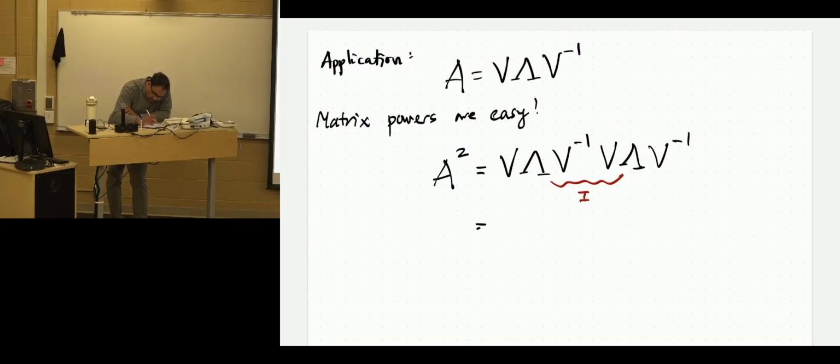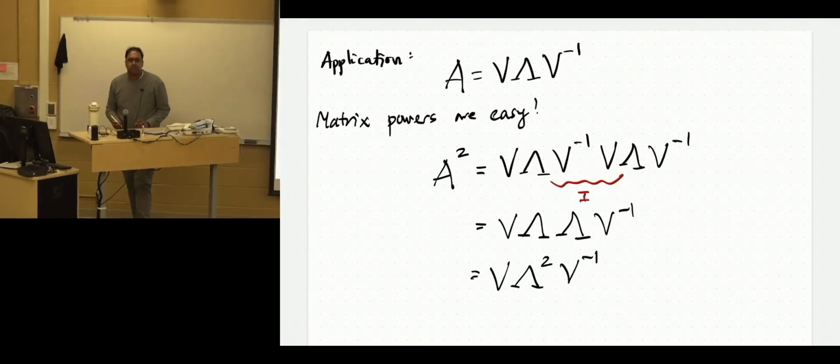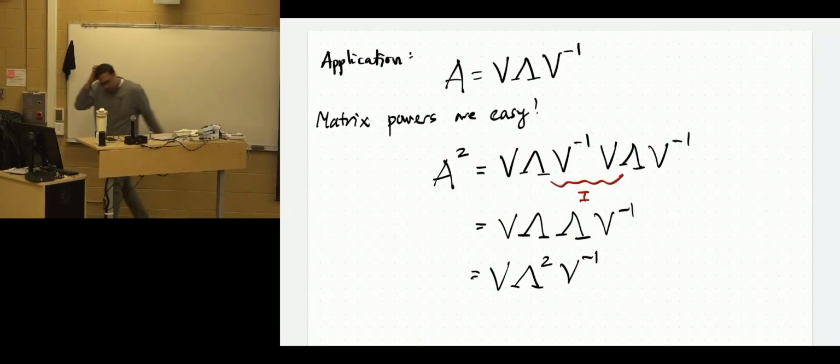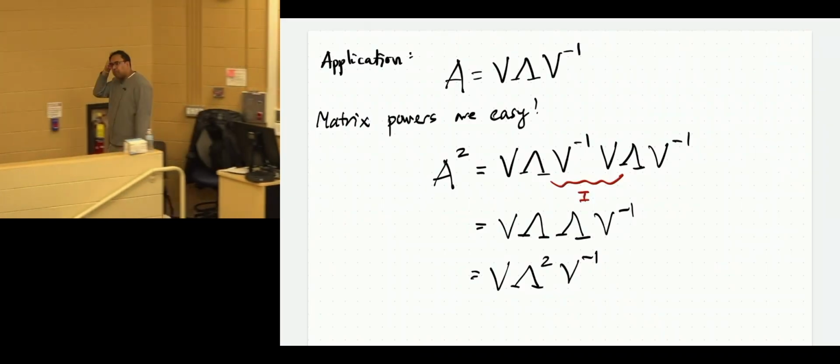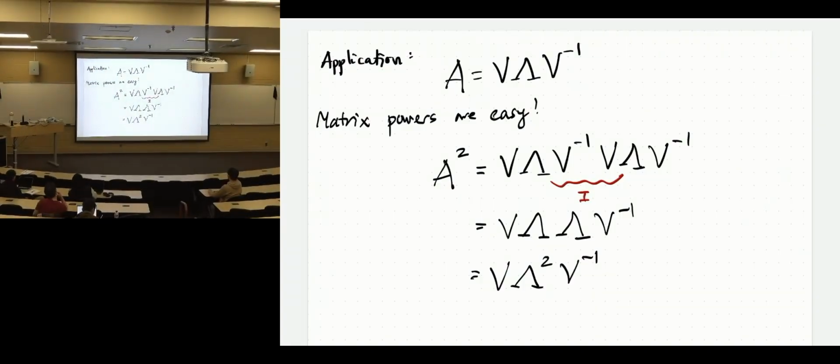And so this becomes V Lambda Lambda V inverse. That just looks like V Lambda squared V inverse. Now, this seems not any simpler. If you just look at the symbols, this doesn't seem any easier than just squaring A. But why is this easier? Why is calculating V Lambda squared V inverse easier than just multiplying A times A? What is better about this?